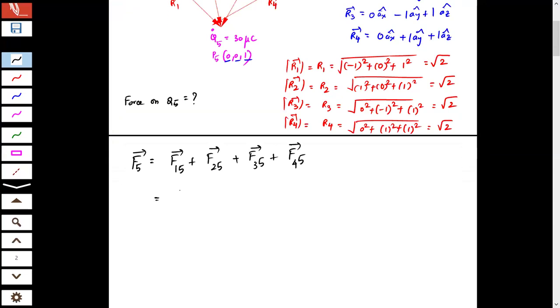In the formula, you should write Q1 Q5 by 4 pi epsilon naught, since it is free space. Epsilon is equal to epsilon naught for free space.